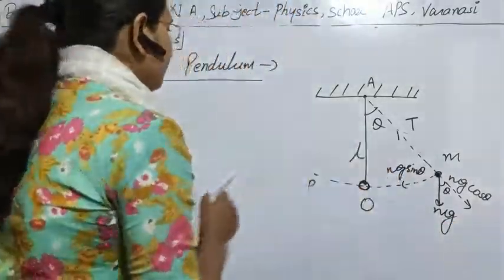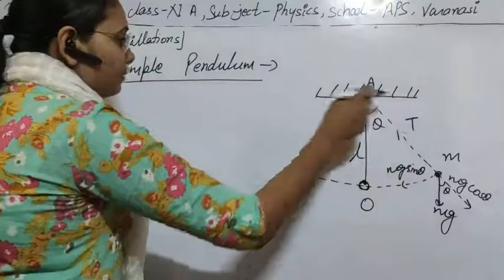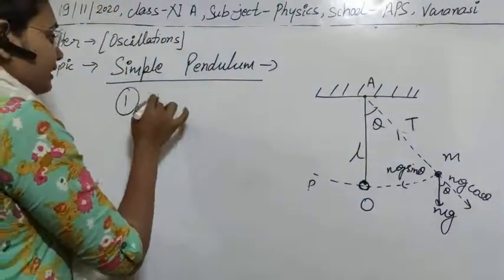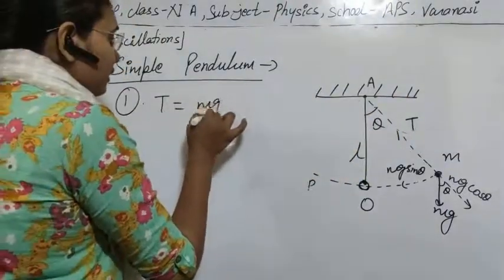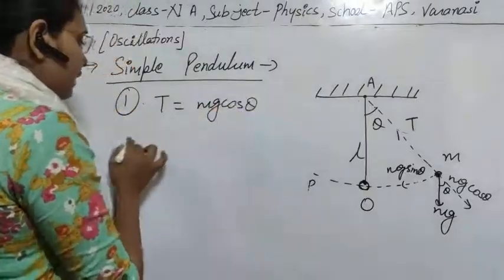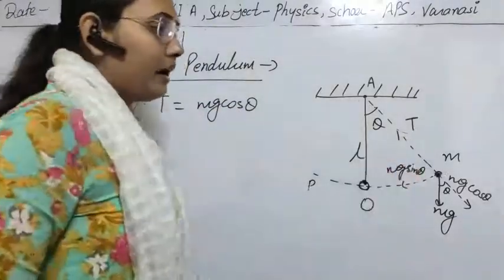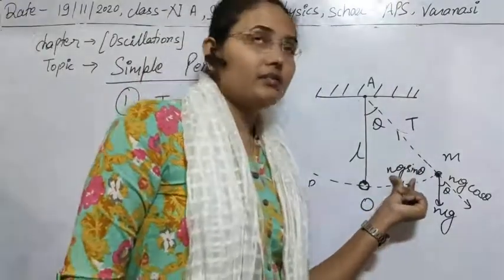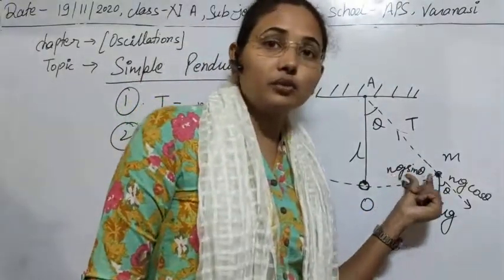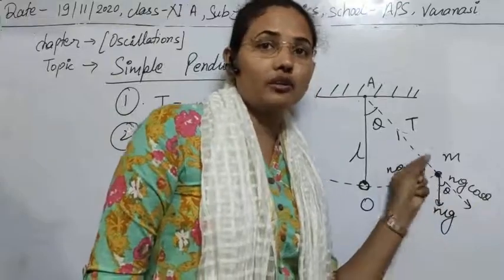So we can just write the case of forces. The first force, that is tension, is equal to mg cos theta, and the second is the restoring torque. As I told you, this will act as the restoring force, and due to this restoring force a torque will act on the body.